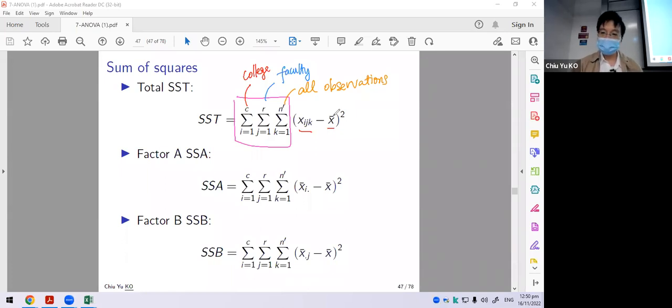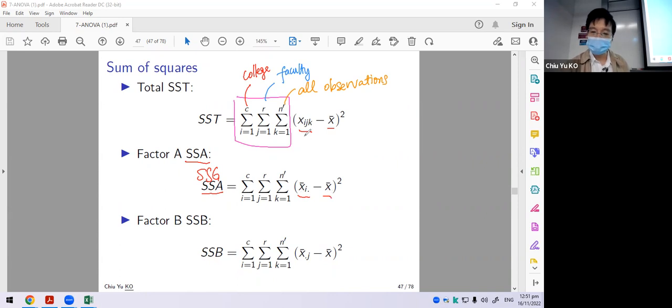And the next one is the same as what we have seen. This is the same as SSA, the same as SSG, but we focus on the A, okay? Look at what we're doing. SSG is the between group variance, right? So look at the group A and the overall mean.